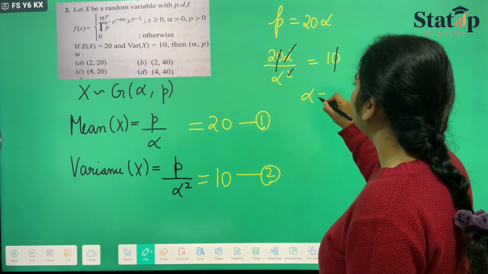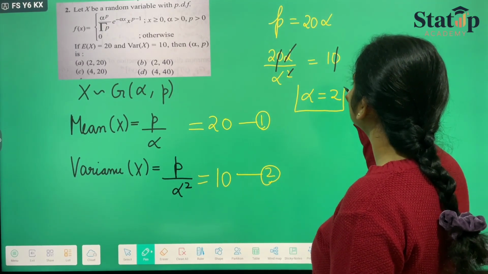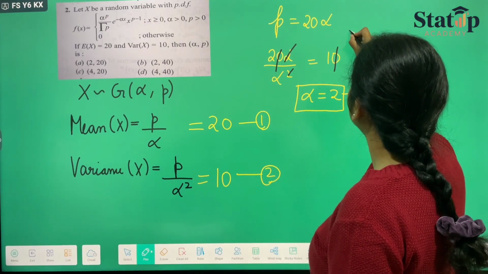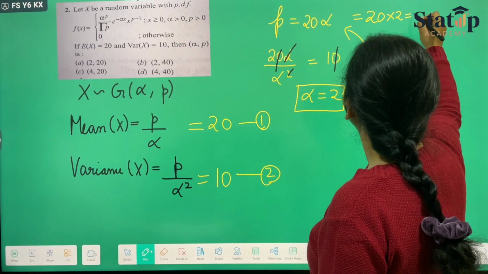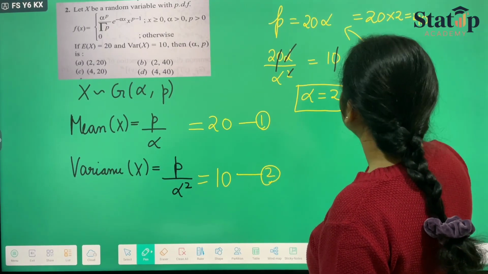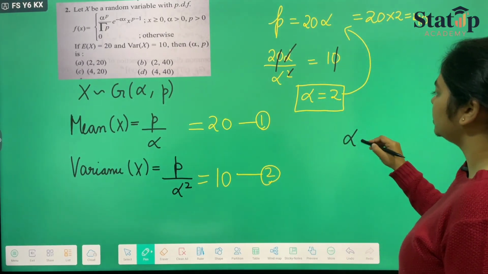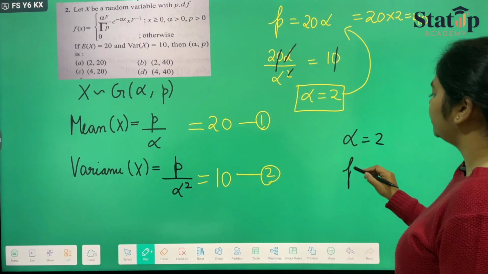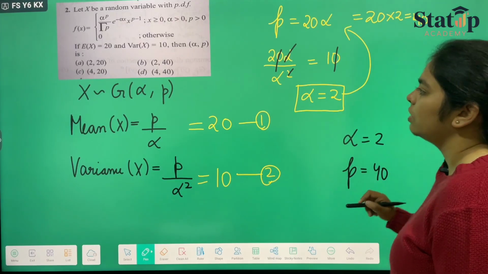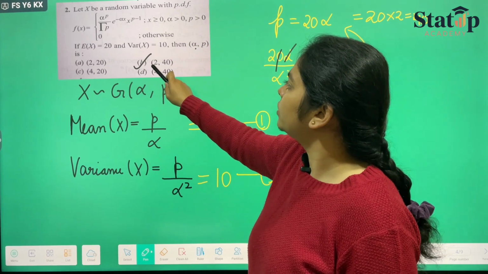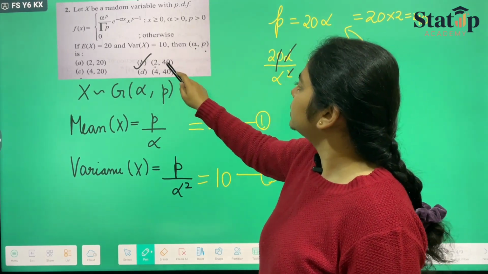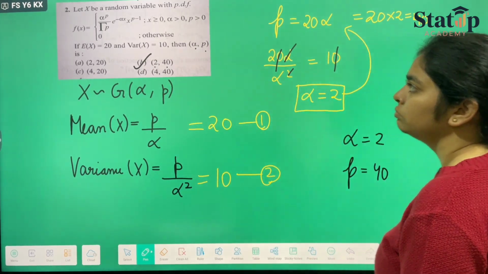So we get the value of alpha is equal to 2 from this, and if we put this alpha is equal to 2 here, then we'll be getting 20 into 2, which is equal to 40. So our value of alpha is equal to 2 and value of p is equal to 40. The one which matches our answer is option number B, where alpha is the first value, which is 2, and p is the second value, which is 40.